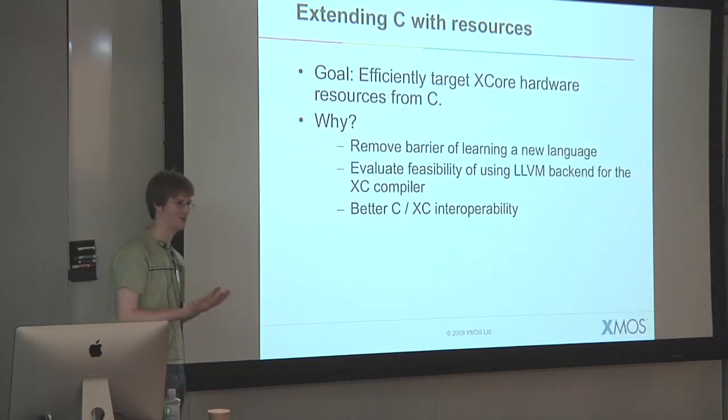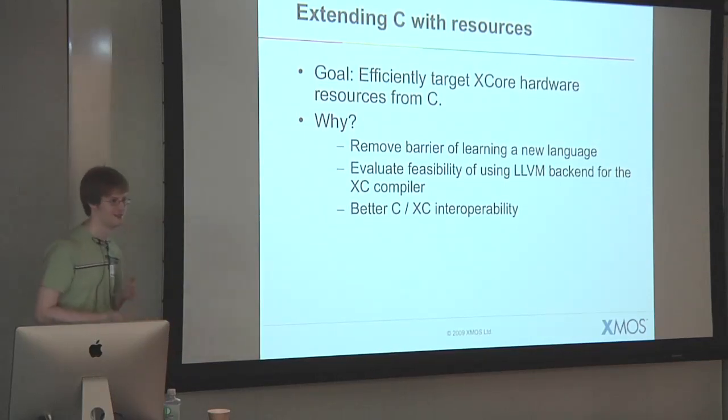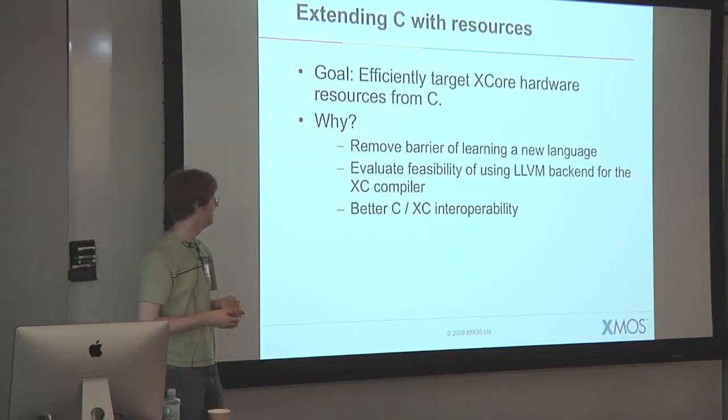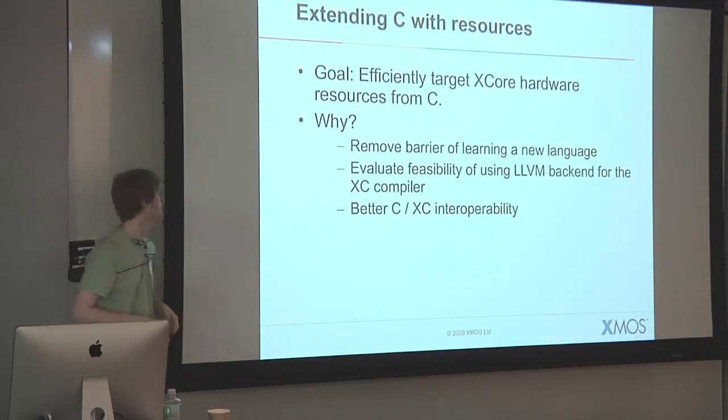They have to learn a new language, so they may not even look at it. We find that once people do start using it, there's quite an easy learning curve, but we want to make things as easy as possible, so we would like to allow people to target these things from C as well.